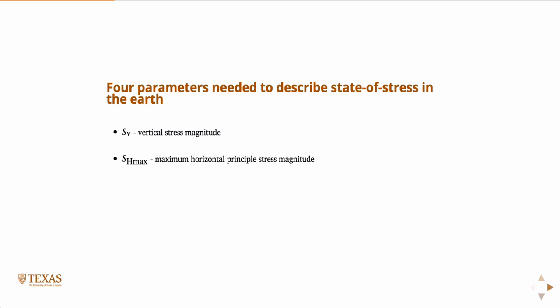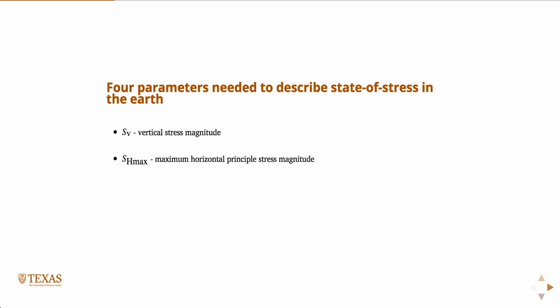SH max is one of the other principal stresses, and we denote it as such in the book. By the way, I should mention, essentially today we're finishing chapter 1 of the book. So if you want to read along to provide some background and context, we're finishing chapter 1.